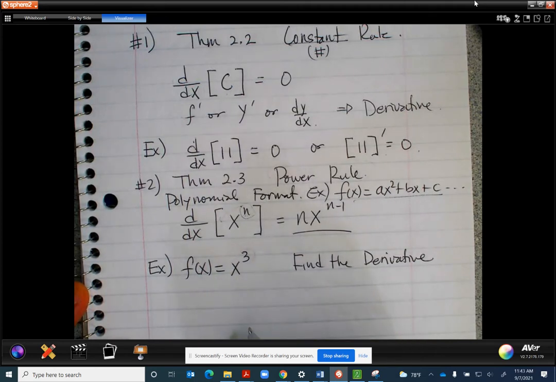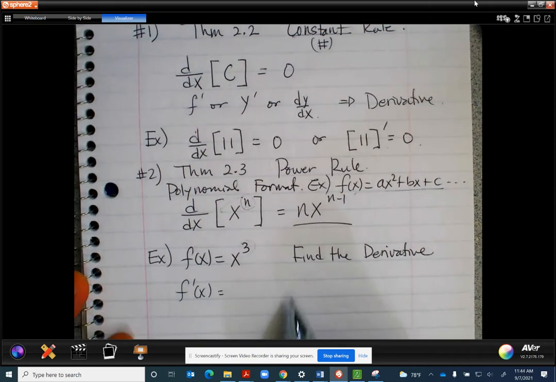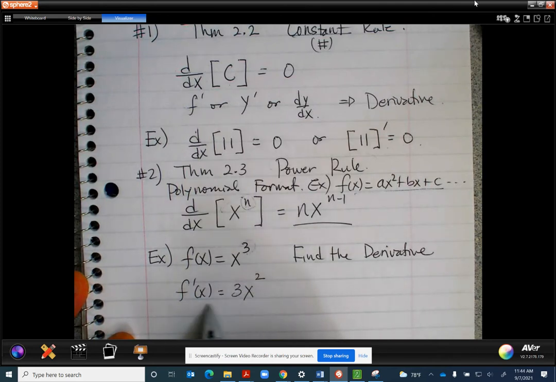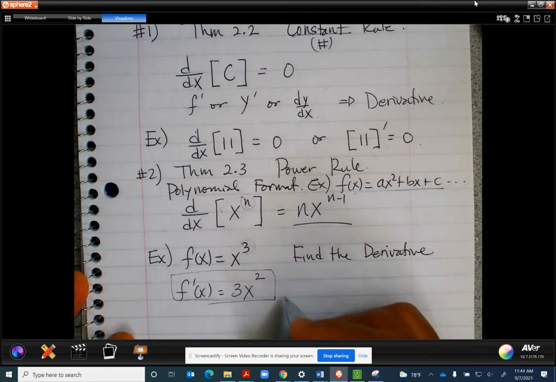You see it? You see the power? So if I use this rule, this is f prime of x, which is your derivative. So how do I use the rule? What do you do with that 3? Put it in the front. X to the power of? 2. Yeah, 3 minus 1, which is 2. And this is your derivative.